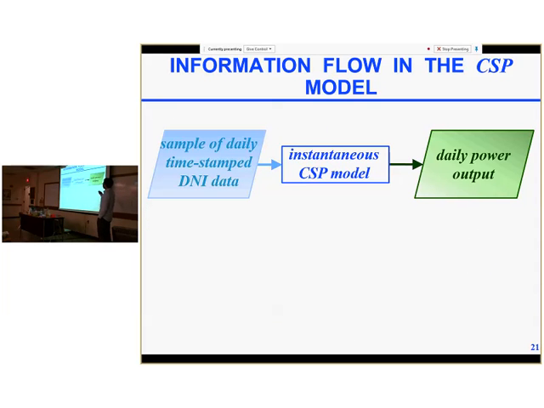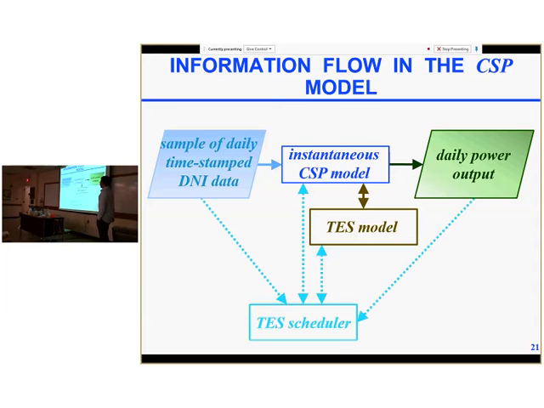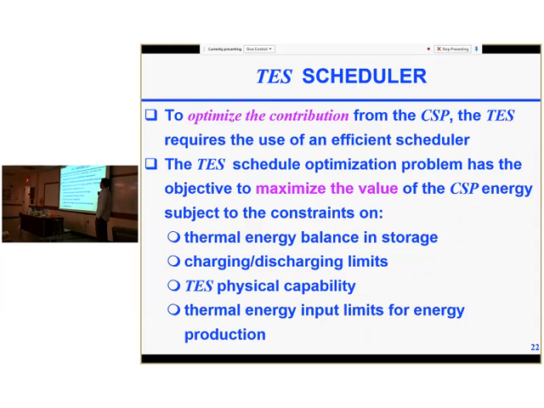Here I'm giving the information flow in the CSP power output model. Without storage, we map the DNI data into daily power output data using the instantaneous CSP output model. If we consider the thermal energy storage, we set up a scheduler to shape the CSP power output. In the storage scheduler, we set up an objective to optimize the contribution from the CSP.